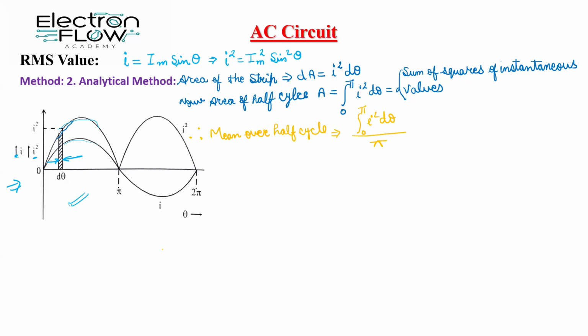So we can take the RMS value as the root of the mean, expressed here as capital I equal to the square root of the integration from 0 to pi of i square d theta divided by pi.